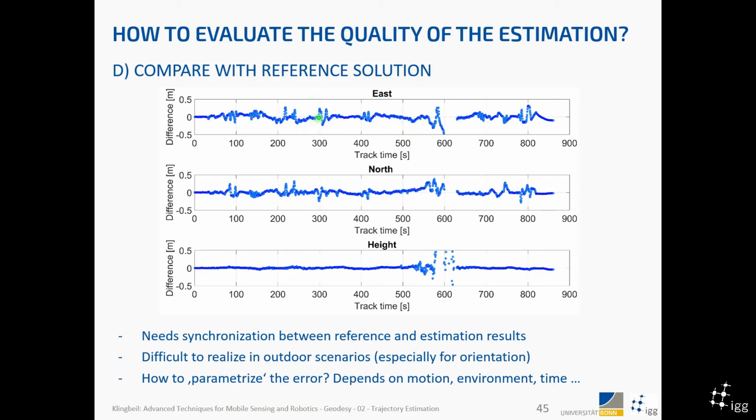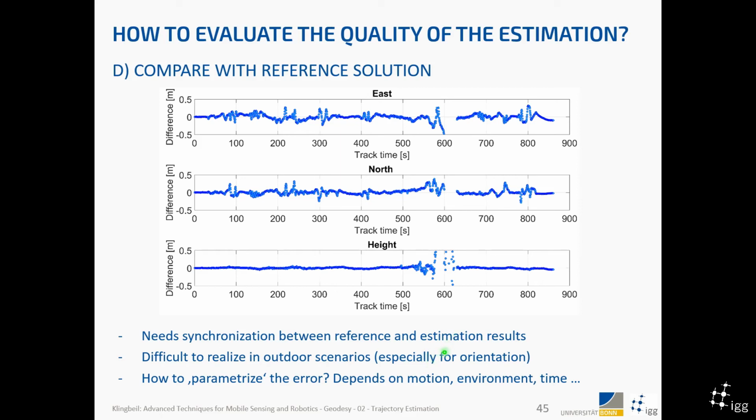So maybe you have a system which is very good, but it doesn't give you the position values exactly at the same time that your system is measuring them. So then this is a problem. I will come to that in a minute again. The other thing is that a reference solution is usually difficult to realize in auto scenarios, right? So what is a good orientation reference system in an auto scenario?